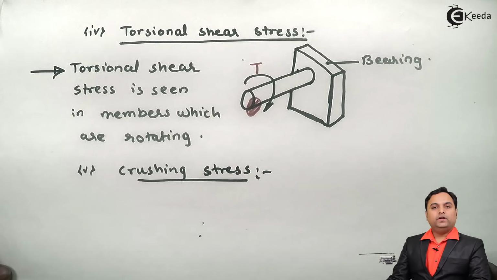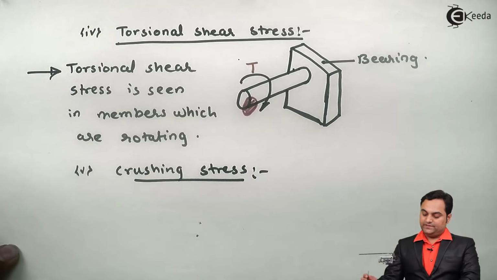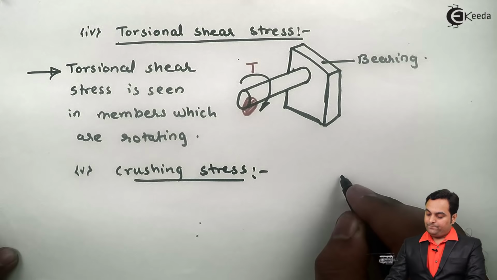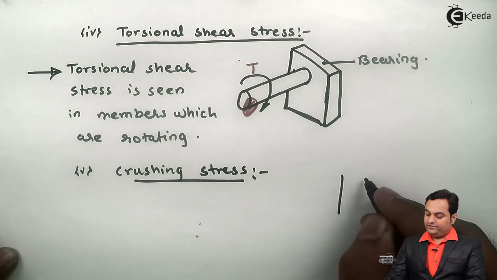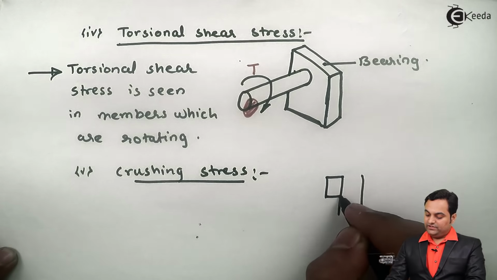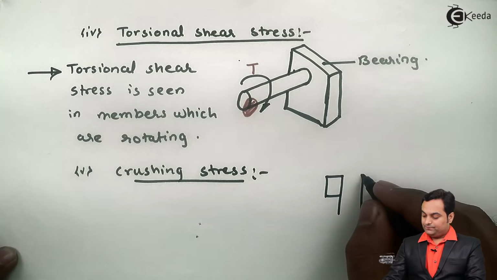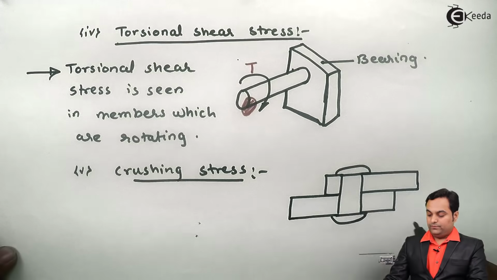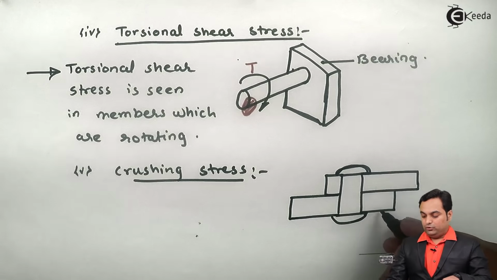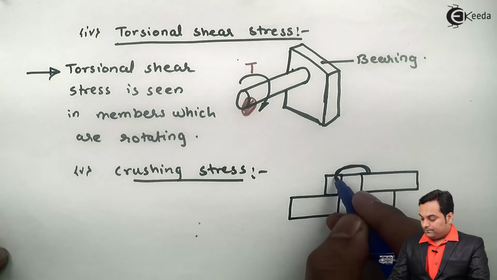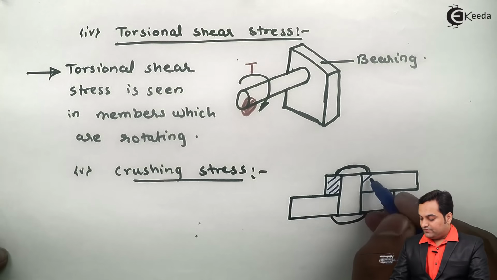Now, in crushing stress what happens is that, suppose for this also I draw a diagram of a rivet, which we have seen in case of shear stress also. Now, again we have two plates. Here I can draw the section for them.